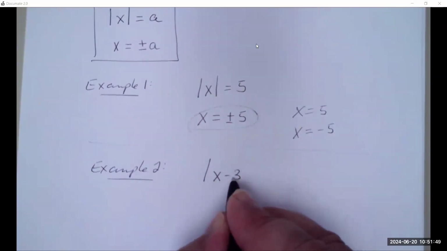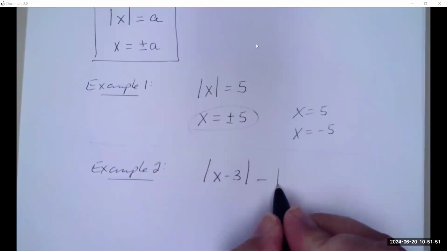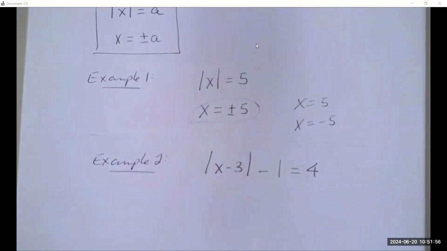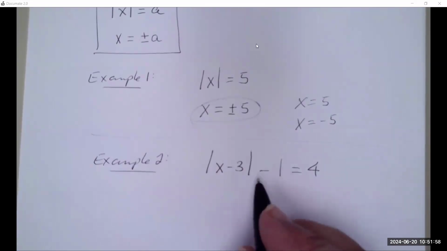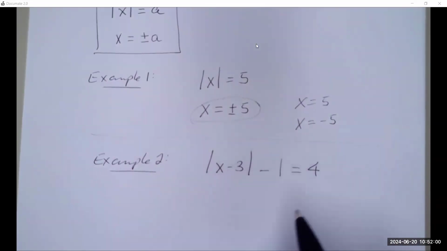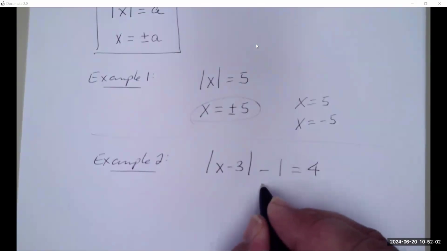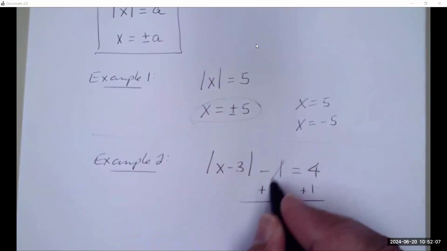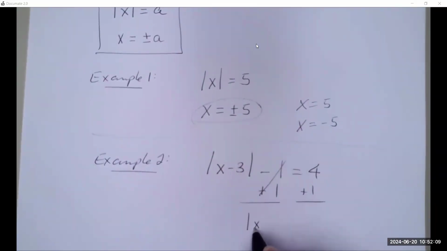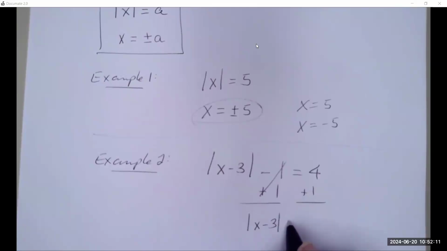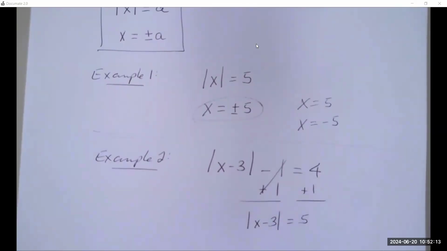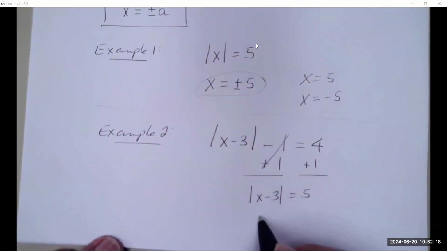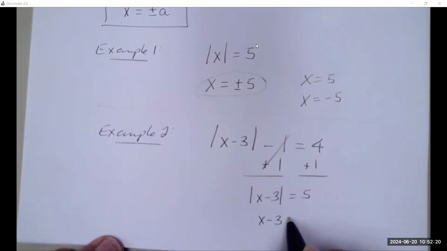What if we had an equation? We have to isolate the absolute value, the same way we did with the radicals. Add 1 to both sides in this case. So the absolute value of x minus 3 is equal to 5. Now, since it's isolated, I can drop the absolute value sign.